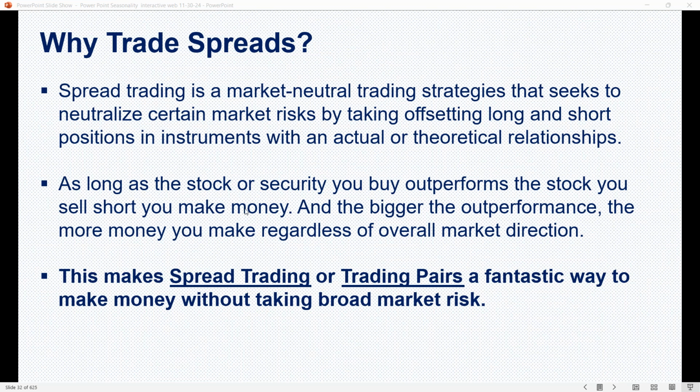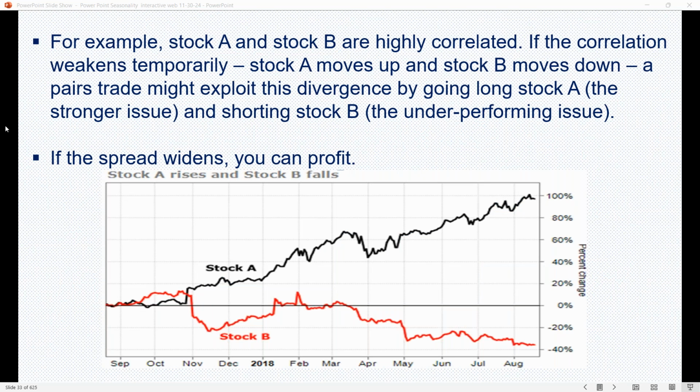So this is what makes spread trading or trading pairs a fantastic way to make money without the broad market risk, and that's why hedge funds are called hedge funds. They're long short. Okay, so if you get the correlations right, you're going to make money regardless of market direction. So the seasonality just gives you that extra benefit of that strong seasonal trend to use a pairs trade using the seasonal trend.